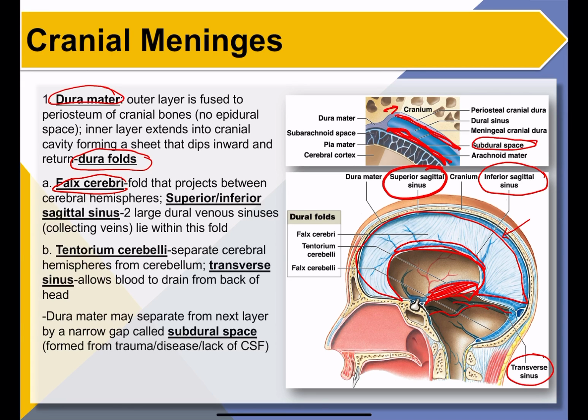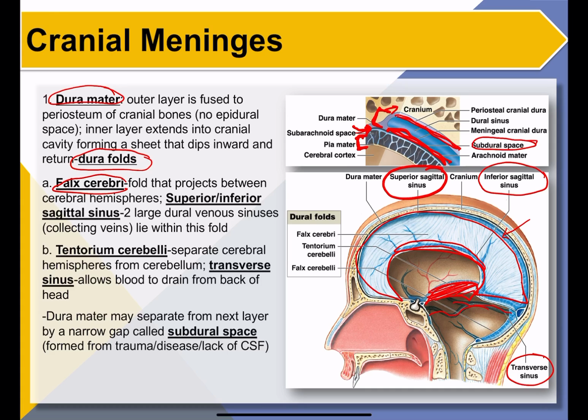So this little gap you're seeing between the dura mater layer and the arachnoid mater, this little tiny space, could be a potential subdural space.